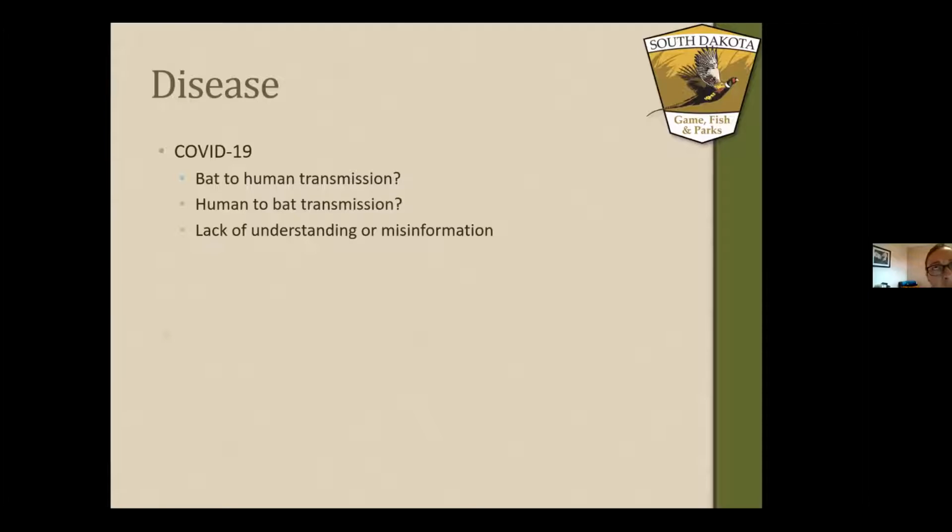There's lots of talk about diseases jumping from wildlife to humans, and bats oftentimes are pointed to as a source of those diseases, but birds, just as well as chimpanzees and other wildlife species, have also been sources of spillover of wildlife to human diseases. So just briefly touching on that, since it's so prevalent in our lives right now.